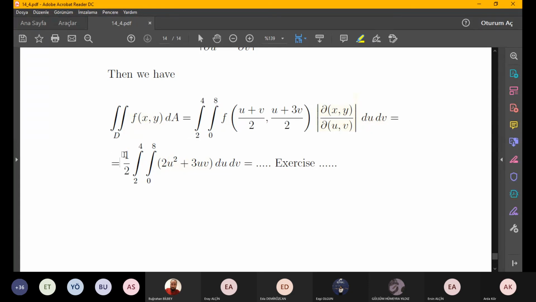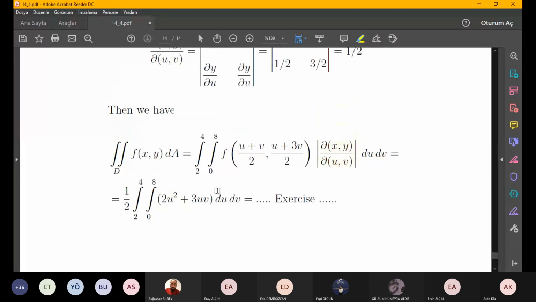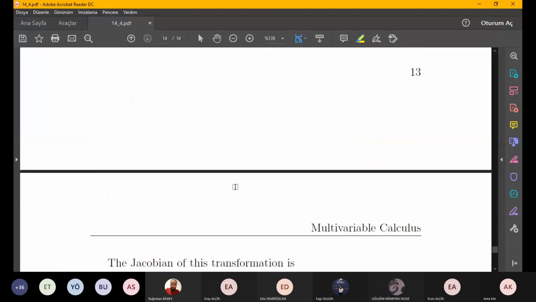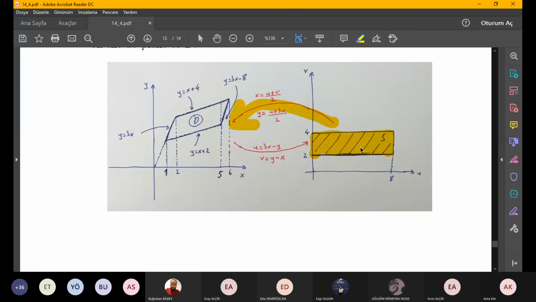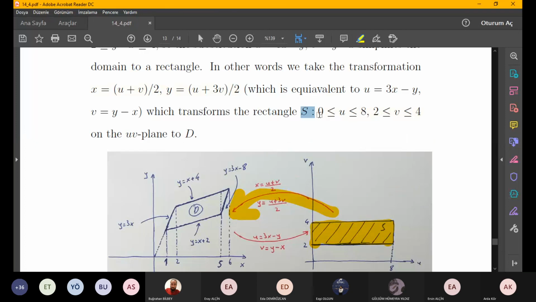And you need to write the limits of integration, first with respect to u, then with respect to v, by the transformation we have here. The limits of integration with respect to u are 0 to 8, and for v they are 2 to 4.